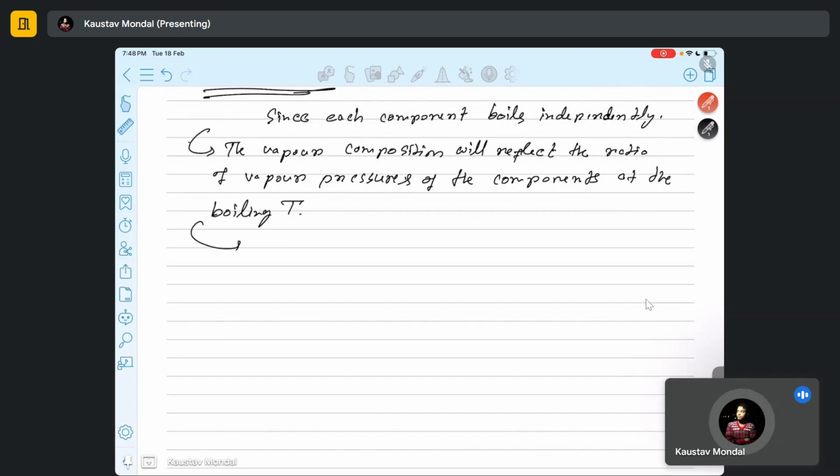So this means that as the boiling continues at a constant temperature, definitely the ratio as well as the vapor composition will remain constant, right? Until one component is getting exhausted.